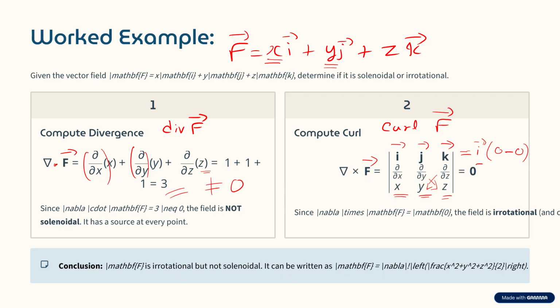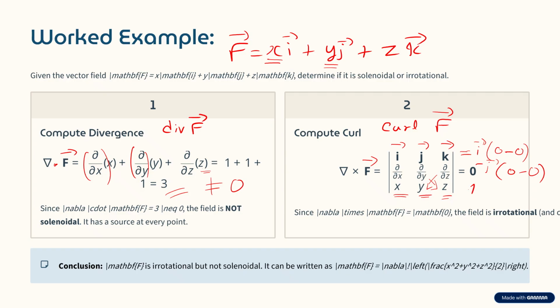Then next, minus j vector into, leaving the first row and second column, dou by dou x of z, which is 0, minus dou by dou z of x, which is also 0. Because when differentiating partially with respect to one variable, you treat the other variables as constants.